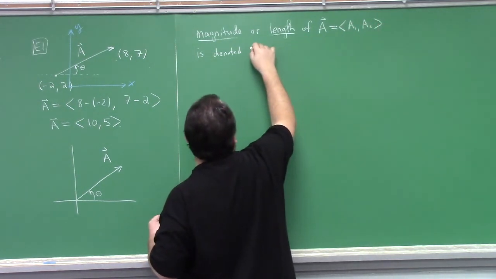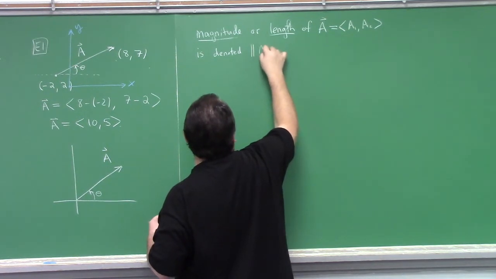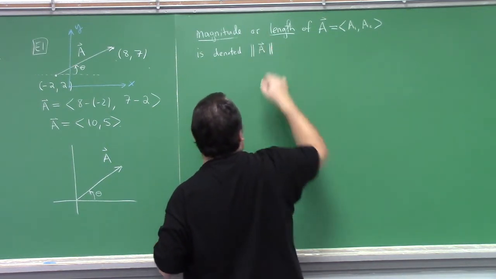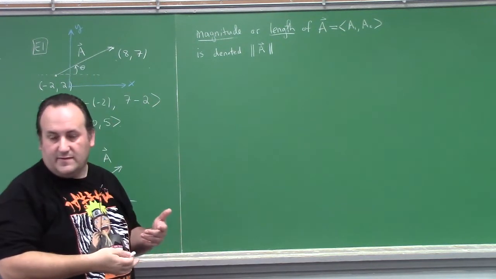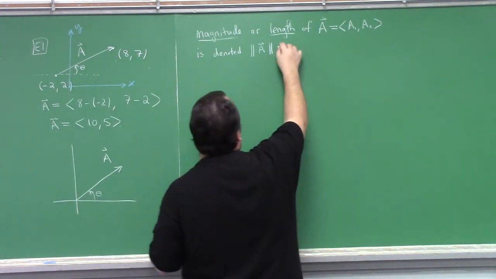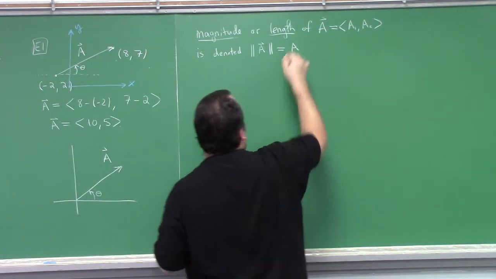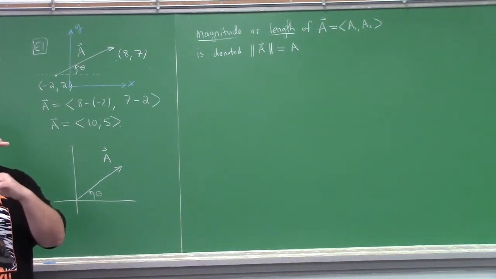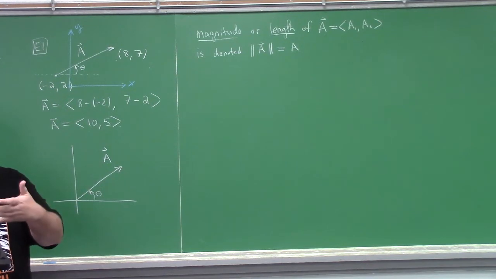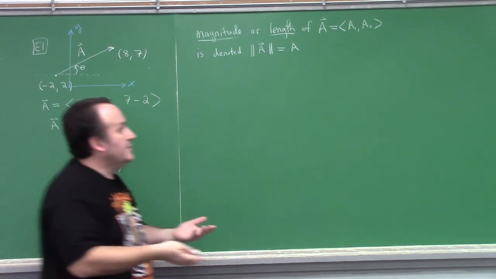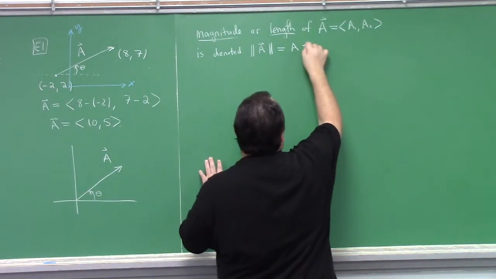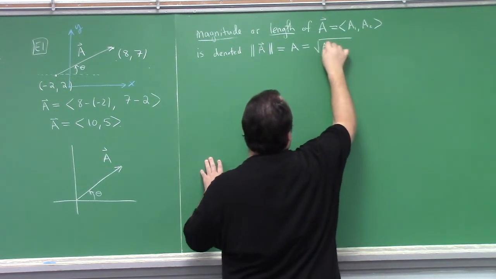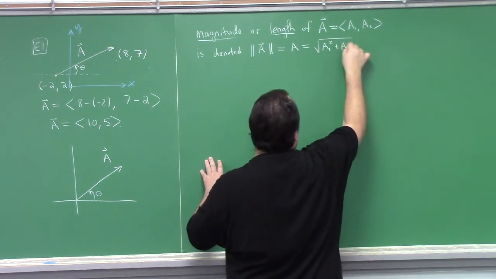There are a couple of different notations people use. One is double bars, which indicates vector length. But in physics, a lot of times you just write a, the letter without the vector symbol over it, and that's the length of the vector. A with the vector symbol over it is the vector. A is just a number, in fact a positive number, which is given by the square root of a1 squared plus a2 squared.